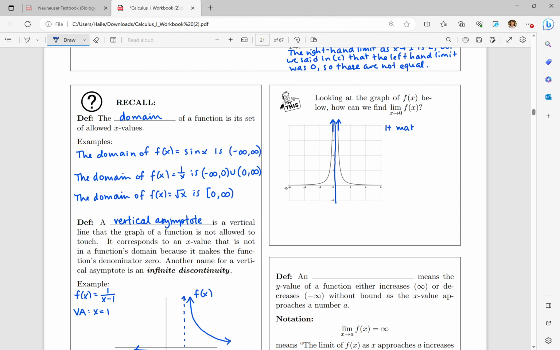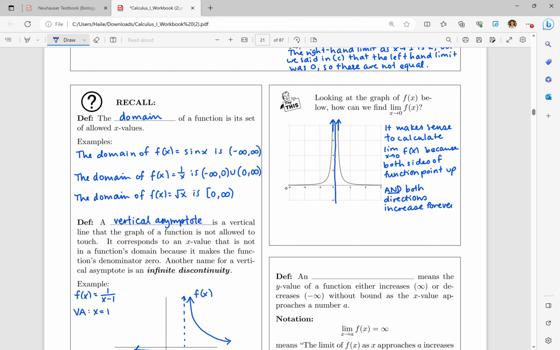So it makes sense to calculate the limit as x goes to 0 of f of x because both sides of the function point up, and both directions increase forever.